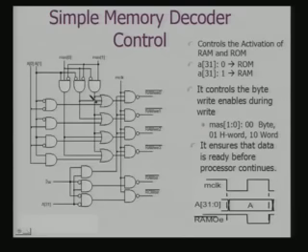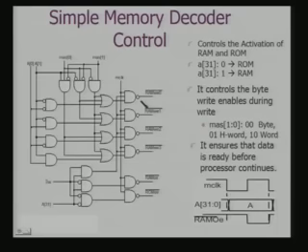If it is really going into an SOC, this becomes part of the SOC. The interesting thing to note is that I control activation of RAM and ROM. The A31 bit is typically used for this purpose. If you see here, the A31 bit is used for selecting RAM or ROM, obviously because they are located at two different addresses. They have to be located at two distinct partitions.